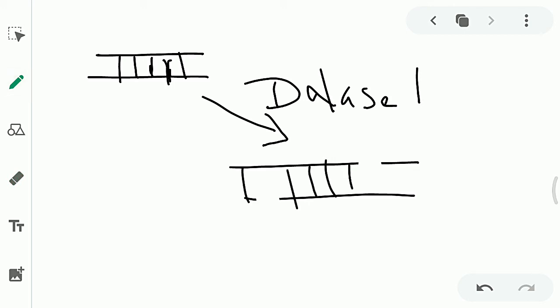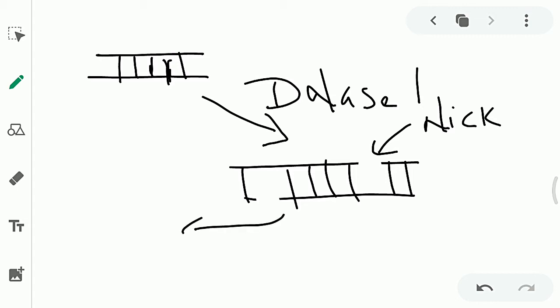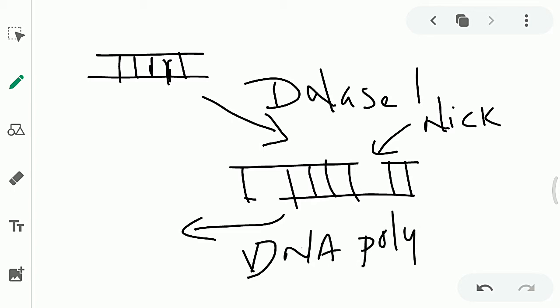These single strand cuts are known as nicks. The next enzyme involved in this is DNA polymerase 1.